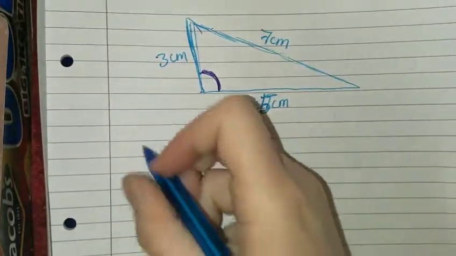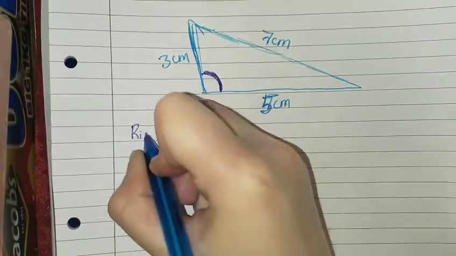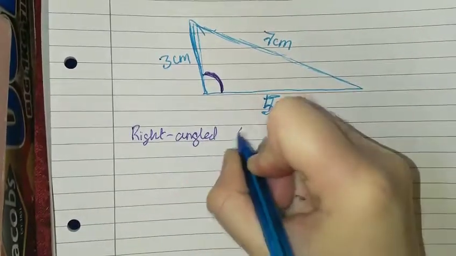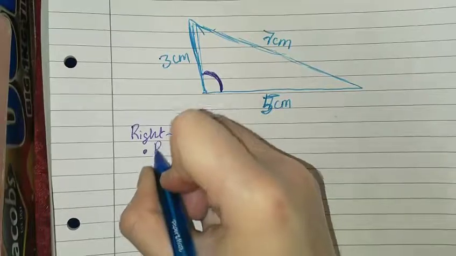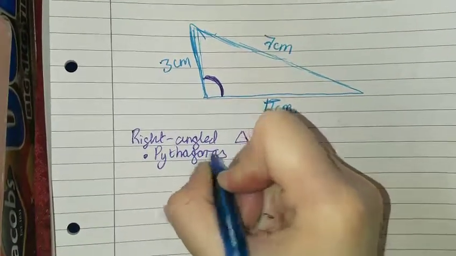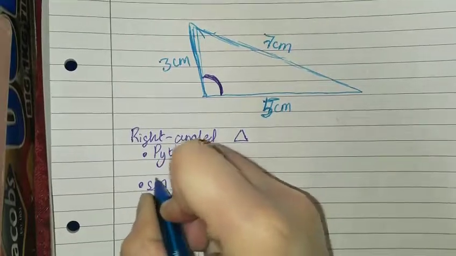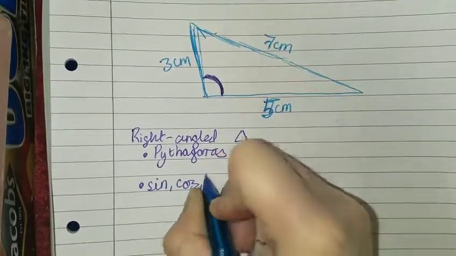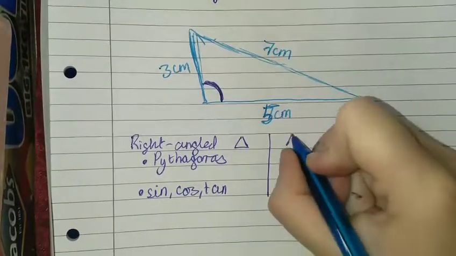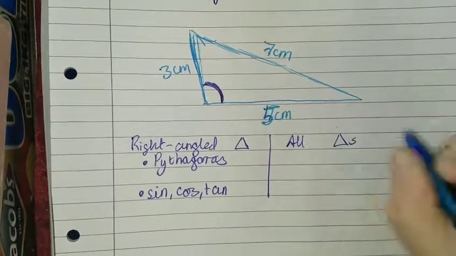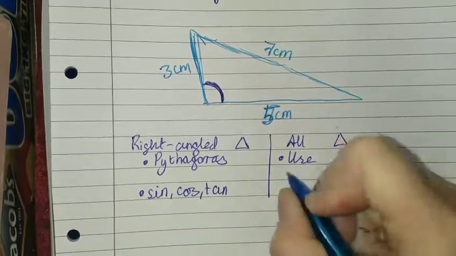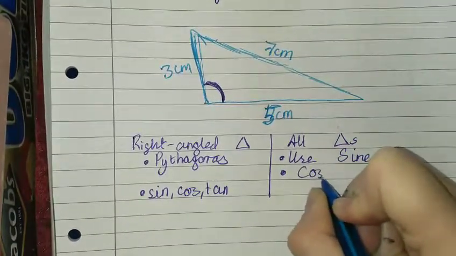If we have a right angled triangle, we can use Pythagoras, and we can use our trigonometric ratios, which are sin, cos, and tan. We don't know this is a right angle triangle, so we can't use them. In all triangles, we can use the sine rule, or we can use the cosine rule.